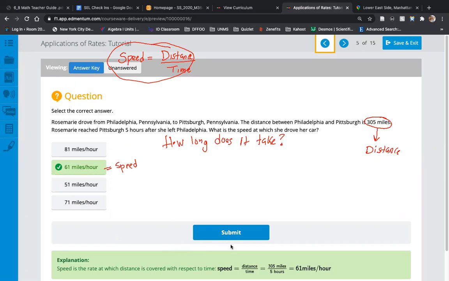So I would take the speed of 61 miles per hour, replace it on this side of the equation, and replace the distance of 305 miles over here. What that turns into is that 61, my speed, is equal to the distance, which is 305, divided by the time.